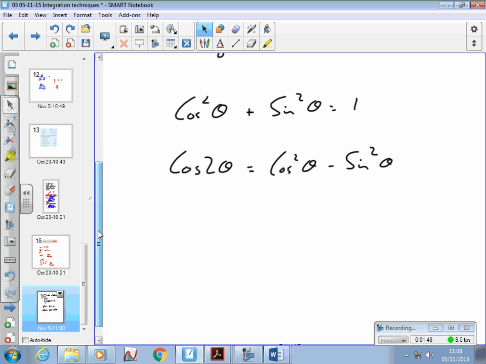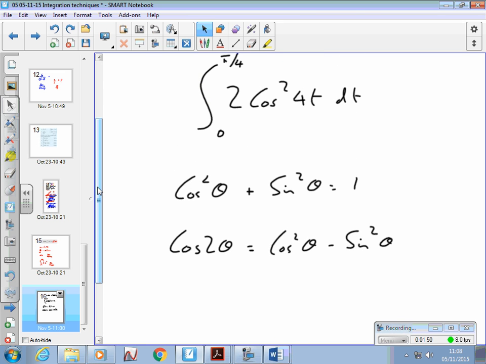If we look at our integral, we want cos squared. We want to get rid of that. If we look at this identity, we've got a cos squared in there, but also cos 2 theta. I wouldn't mind that because that's a standard integral. I could do that one if it was that. So what I want to try and do is replace this with something in terms of cos 2 theta.